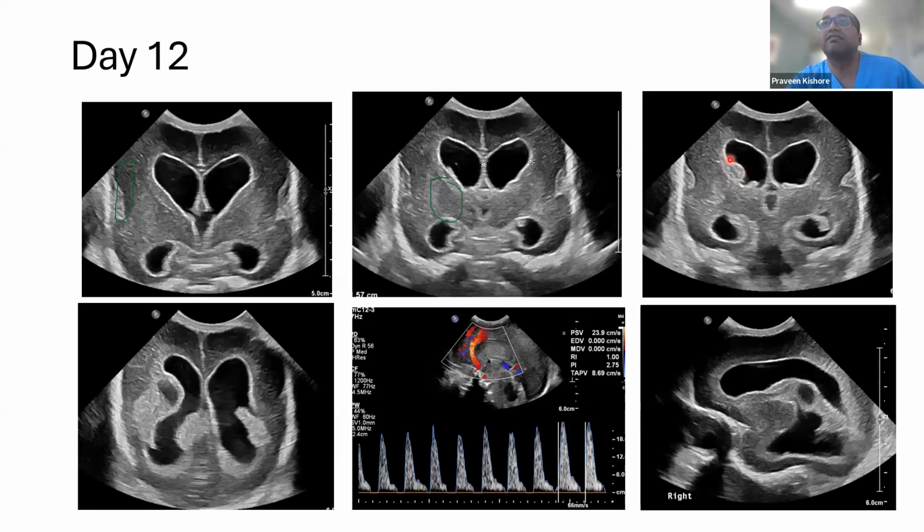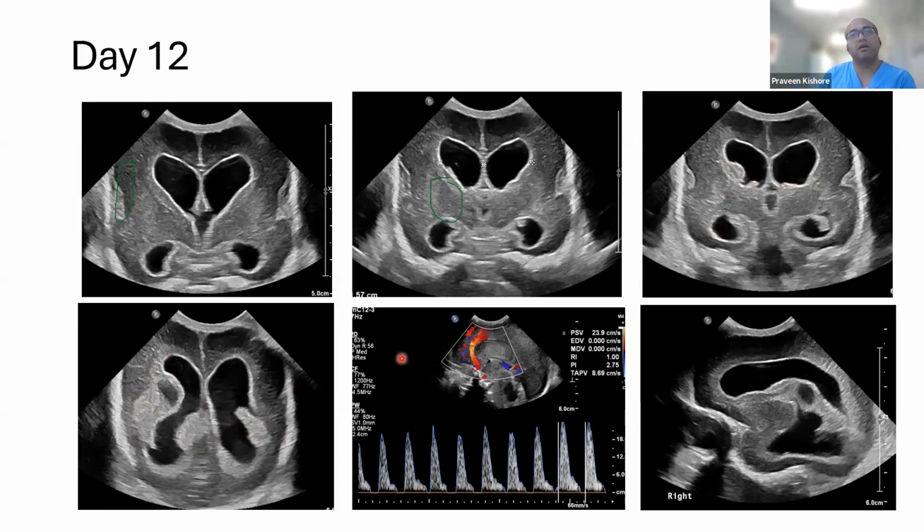You can see that there is some blood left here and maybe a little bit on the left side as well. You can see some blood here on the left, and you can see that on the right, there is a grade 4 where it is spilling into the adjacent parenchyma.